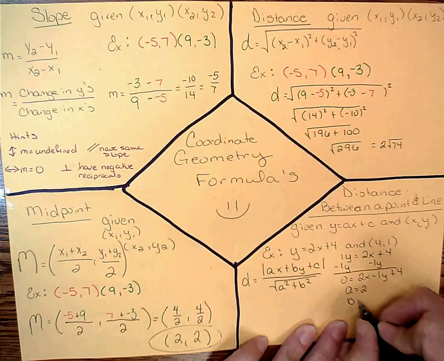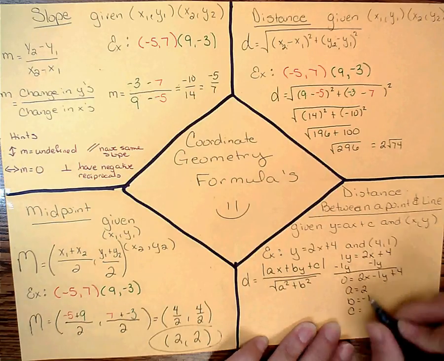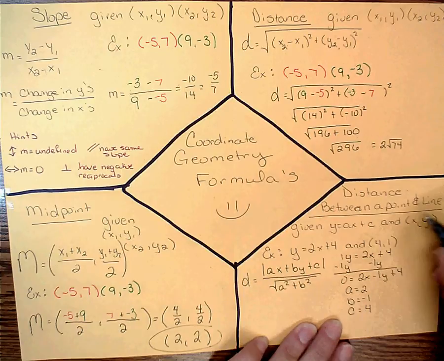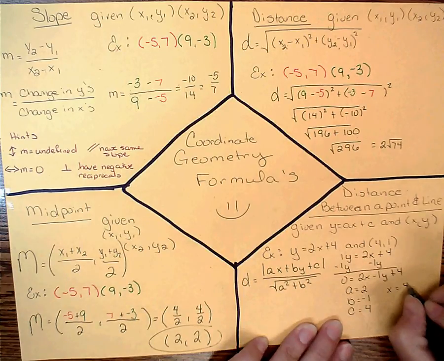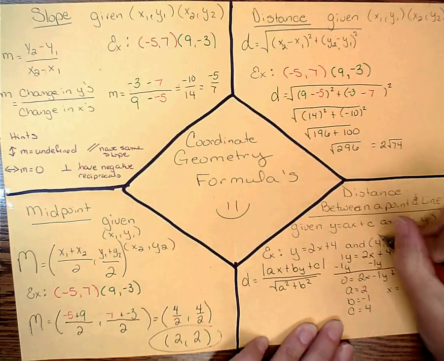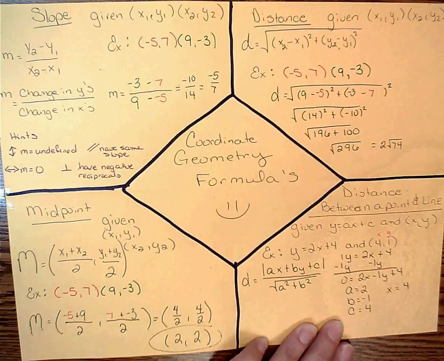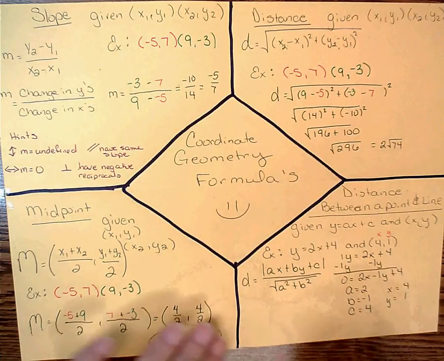My b value is negative 1 because it's in front of y. C is the constant, which is 4. My x and y value, my x is 4 from my point right here, x, y. And my y value is going to be 1. So now all I have to do is come over here and plug this all in.